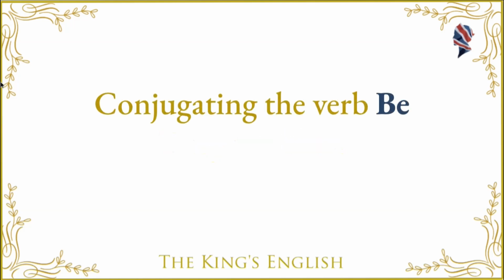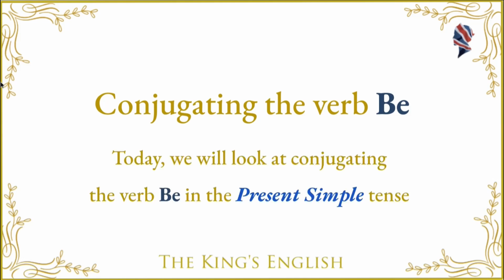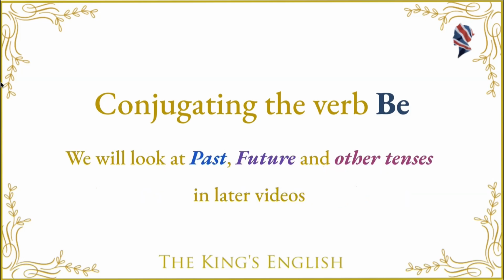Conjugating the verb be. Today we will look at conjugating the verb be in the present simple tense. We will look at past, future, and other tenses in later videos.